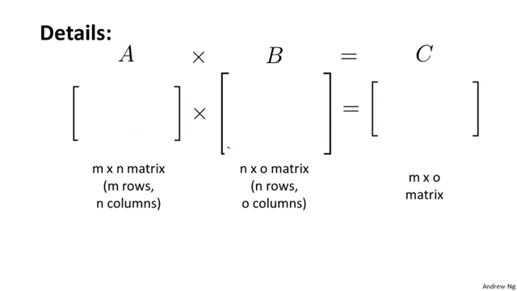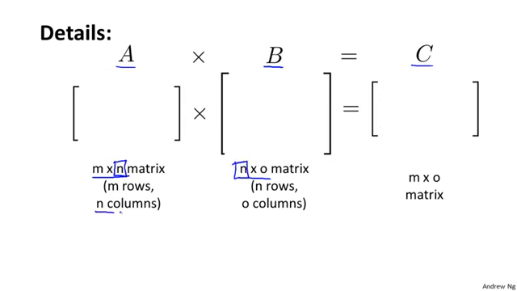Here are the details. I have a matrix A, and I want to multiply that with a matrix B, and the result will be some new matrix C. And it turns out you can only multiply together matrices whose dimensions match. So A is an m by n matrix, so m rows, n columns. And I'm going to multiply that with an n by o matrix. This n here must match this n here.